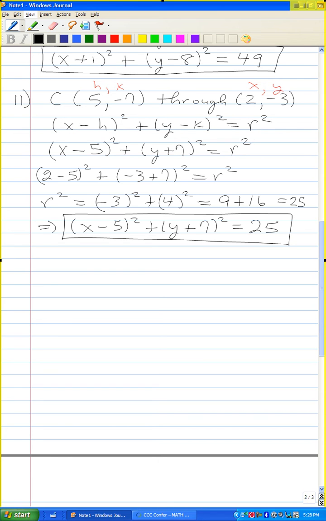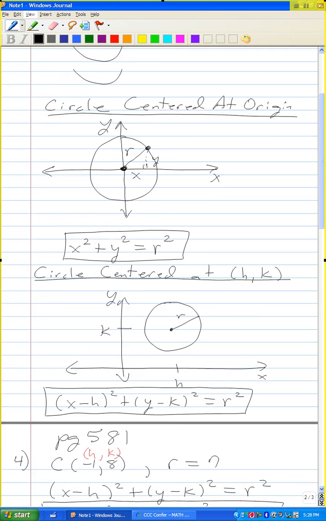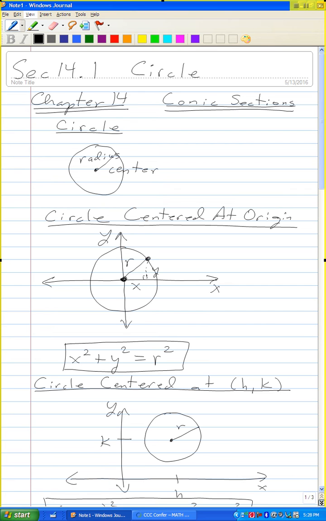Let me do problem number 16. The diameter has endpoints (1, 4) and (negative 1, negative 2). And so, actually I should say that if I go from one end of a circle to the other end of a circle, and I pass through the center, then this is called the diameter of a circle.